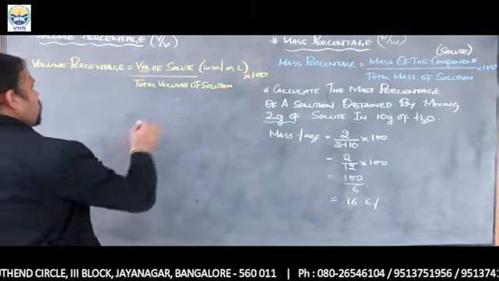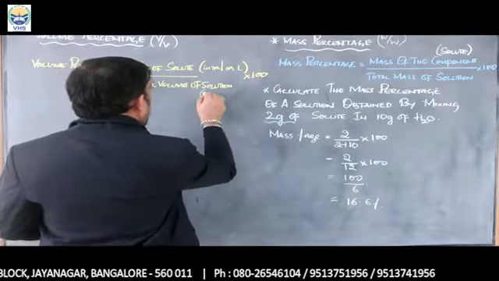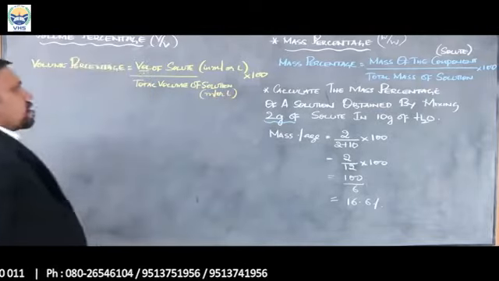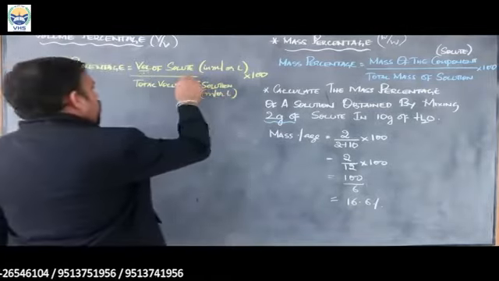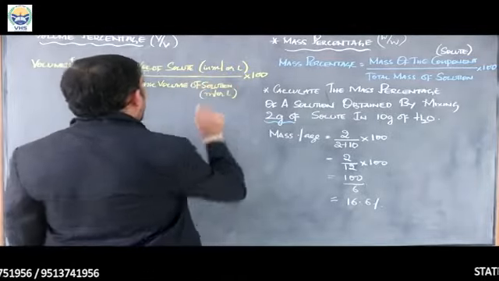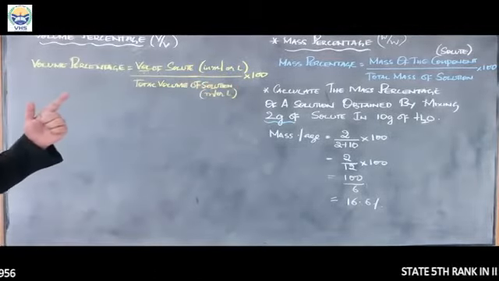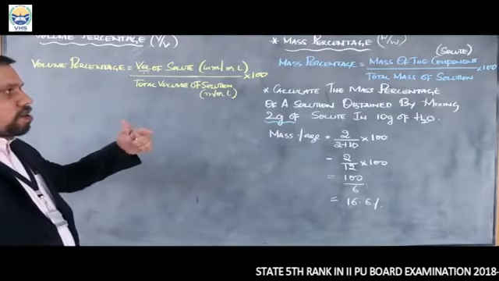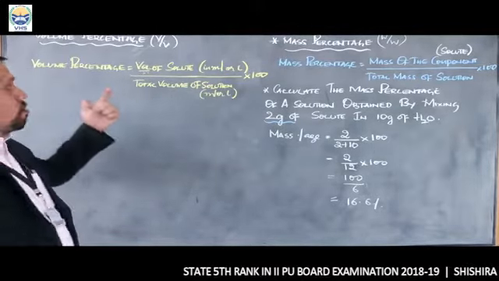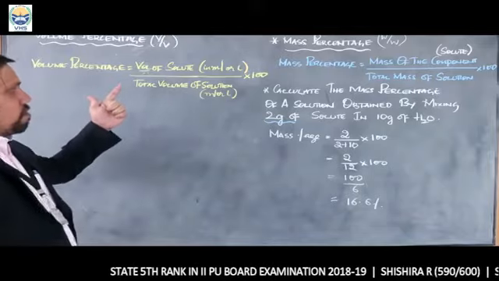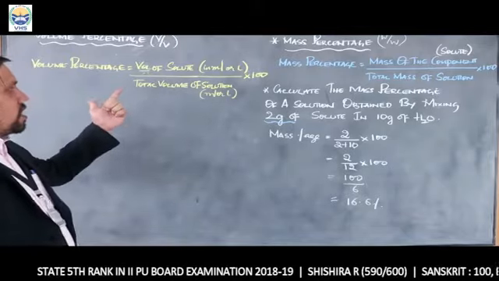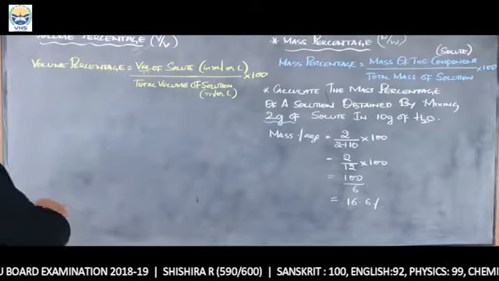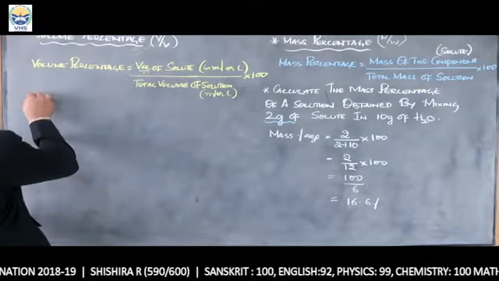Again this one also will be in ml or liter. Is this one fine? So mass percentage is mass of the component, that is the solute, divided by total mass of the solution into 100. What is volume percentage? Volume of the solute in ml or liter divided by total volume of the solution. So we can just go through a problem for this one.